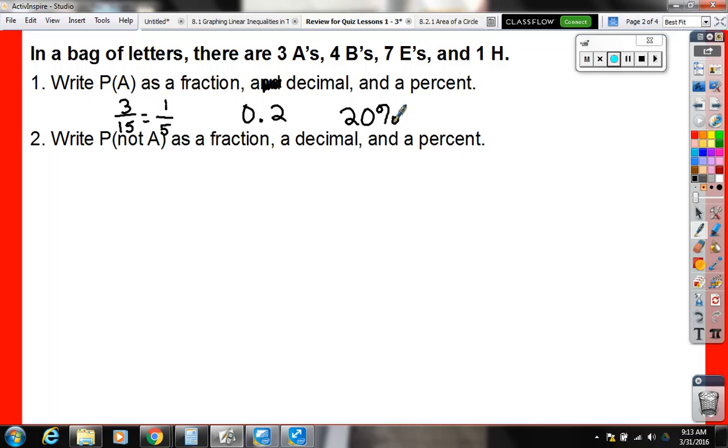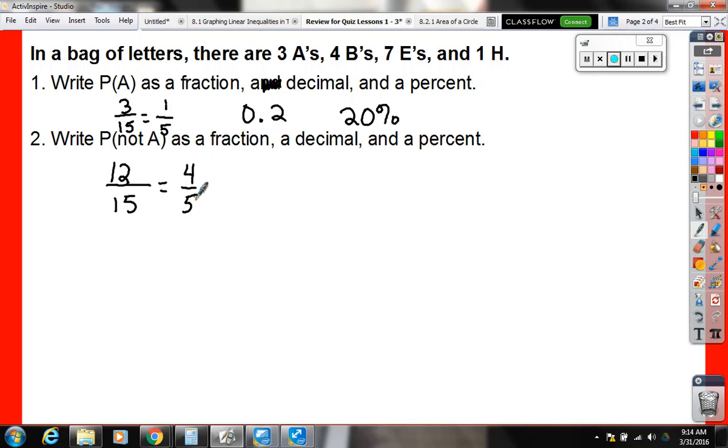So the probability of not A is 12 out of 15. We still have 15. And what does that reduce to, Haley? 4/5. Excellent.